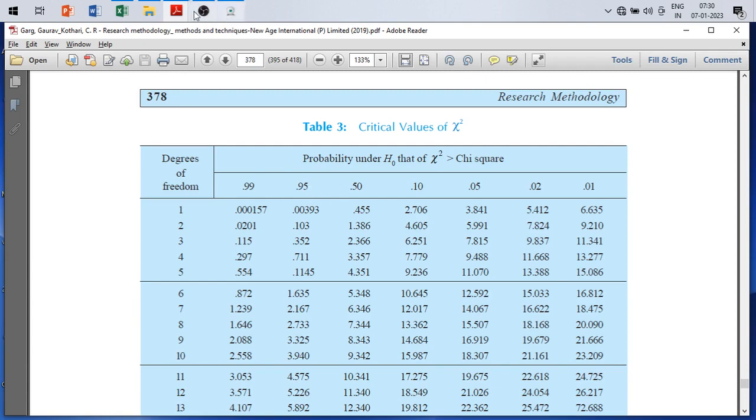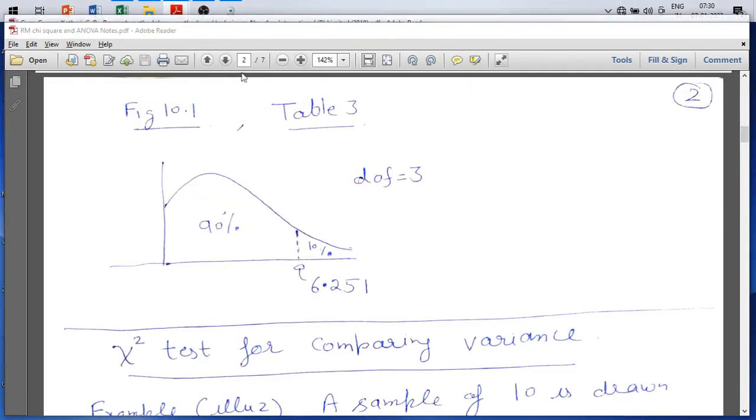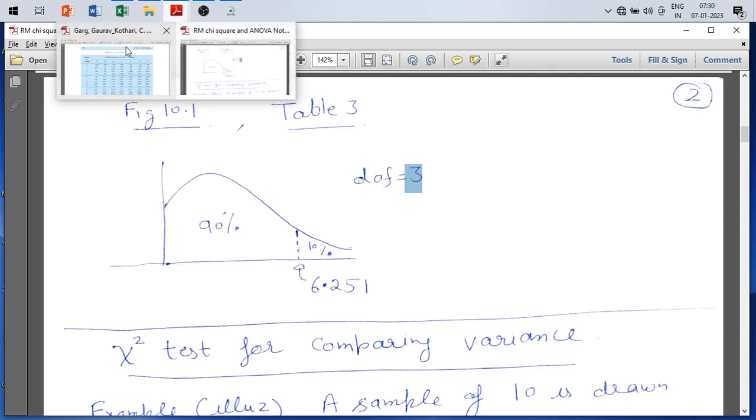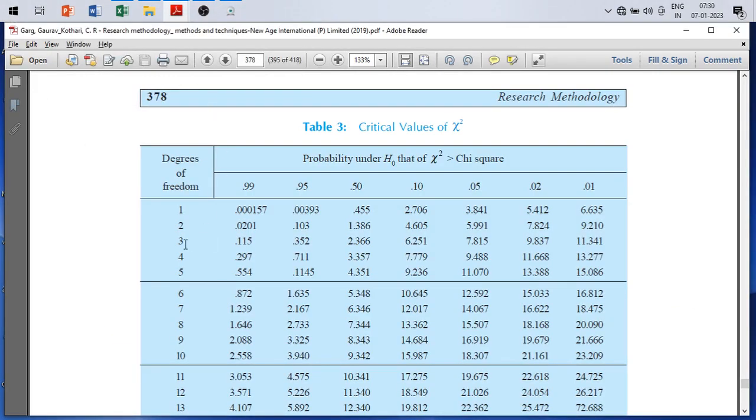Now say we have 3 degrees of freedom, and we want the critical value of chi-square for which the area to the right is 10%. So you see that in the table, degrees of freedom is 3 and area to the right is 0.1, and corresponding to this you can read the chi-square value 6.251.